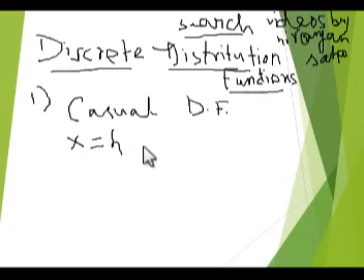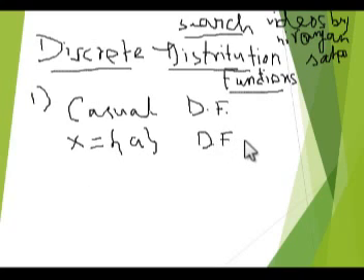There may be a lot of values, a finite or infinite number. If there is only a single value the random variable can take in its spectrum, then its probability mass distributive function is called casual distributive function.